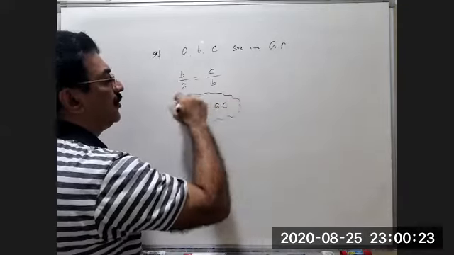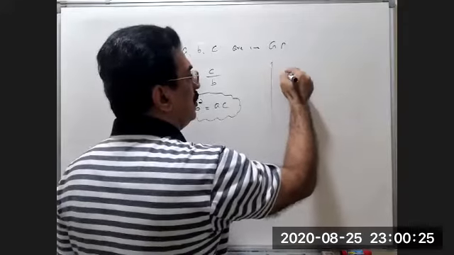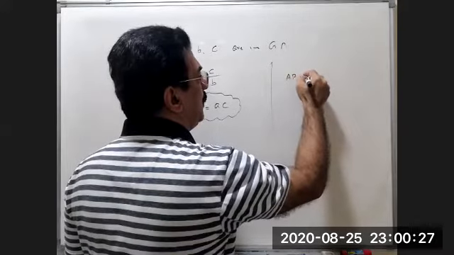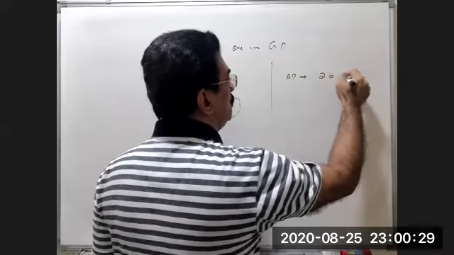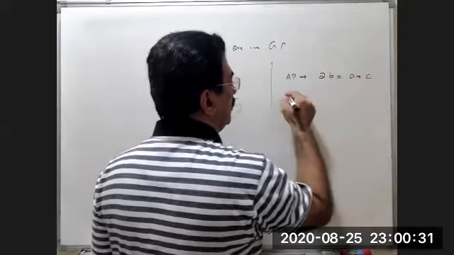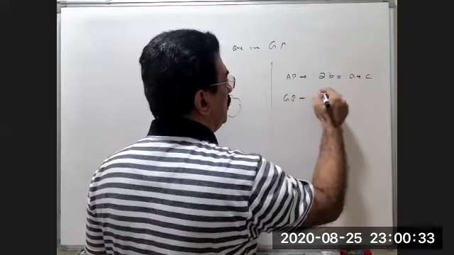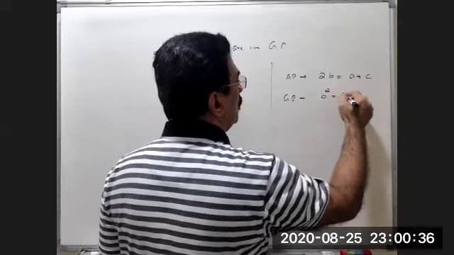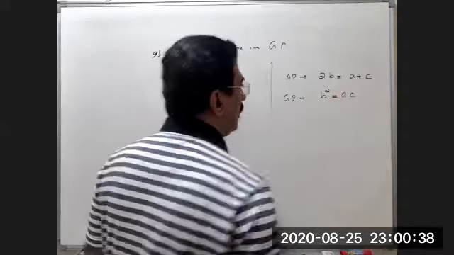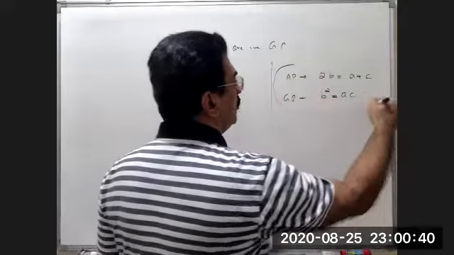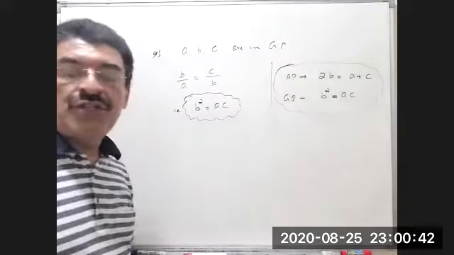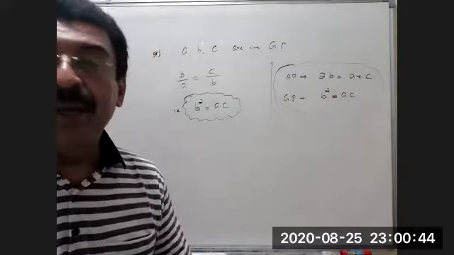So remember it. For AP, 2B is equal to A plus C. For GP, B squared is equal to AC. This is how to check whether three terms are in AP or GP.